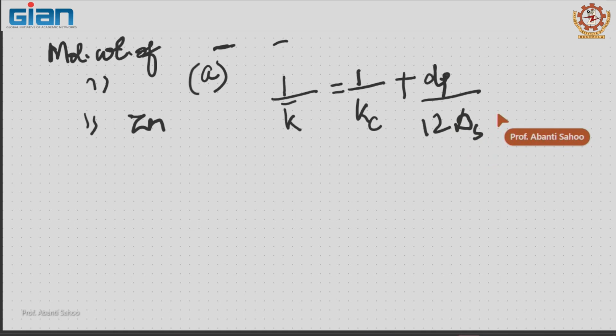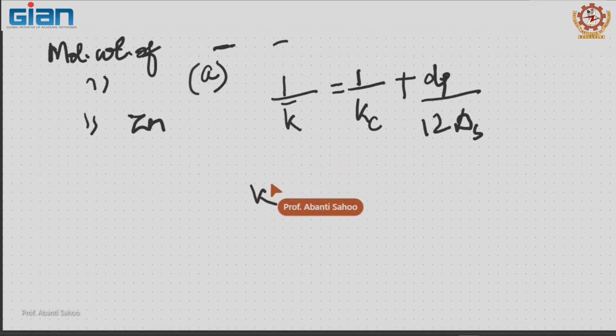So, now you substitute: particle size is given, diffusivity is given, reaction rate constant K c is given. So, substituting we can get the overall reaction rate, that is k bar.